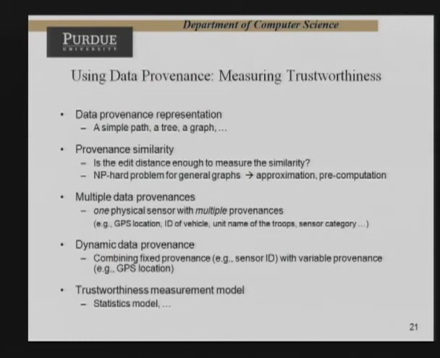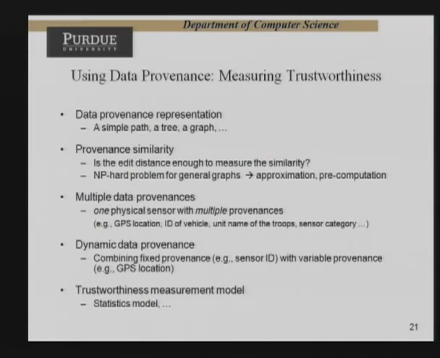And also, there can be multiple data provenance. It means that until now we only use the ID of the sensor as a provenance, but it can be a GPS location, or the ID of the vehicle, or the unit name of the troops, and many other things.